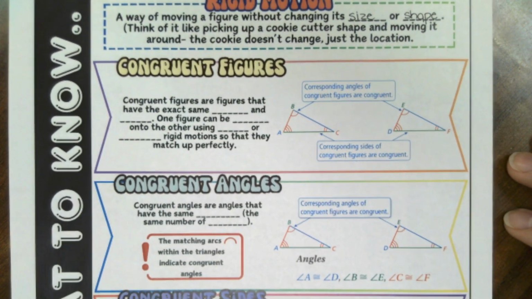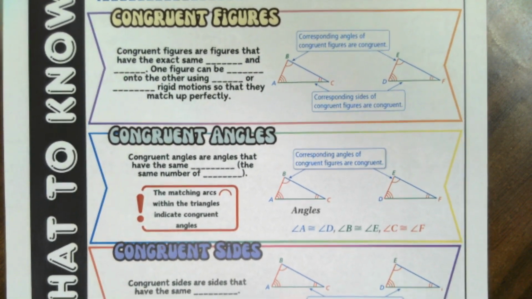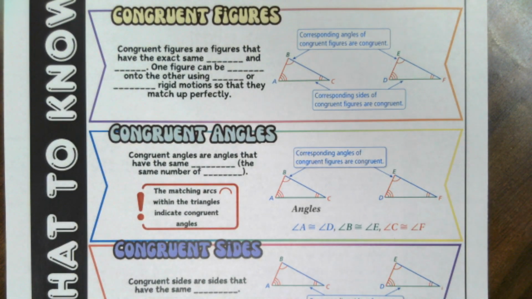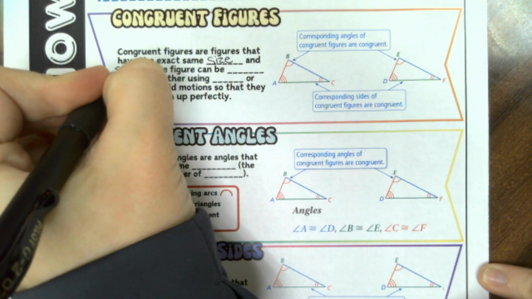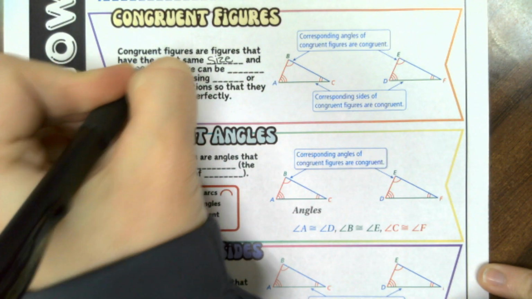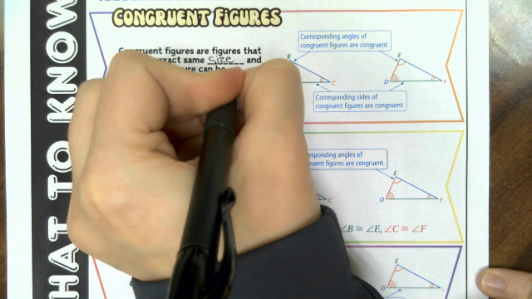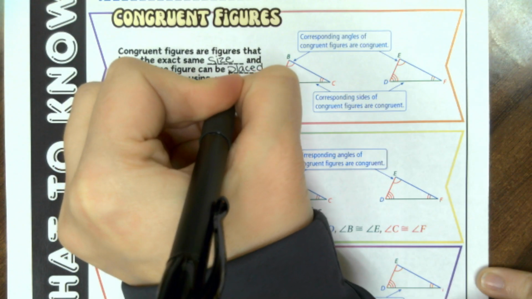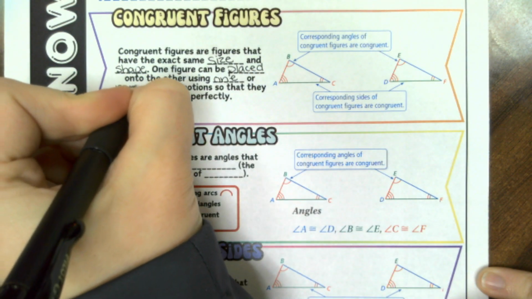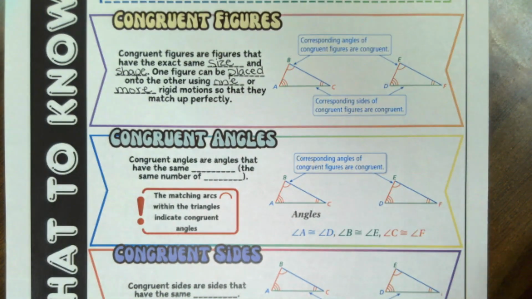So there's 3 different things that you're going to be focusing on in this lesson, and that's congruent figures, congruent angles, and congruent sides. So congruent figures are figures that have the exact same size and shape, and one figure can be placed onto the other using one or more rigid motions so that they match up perfectly.